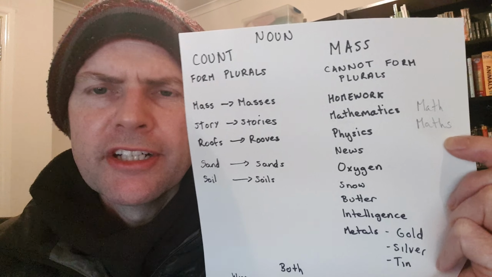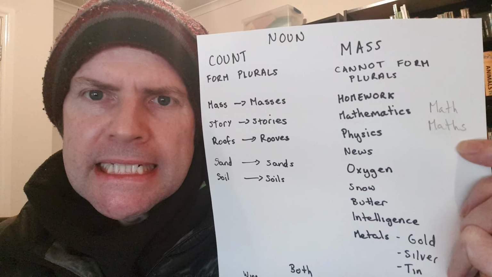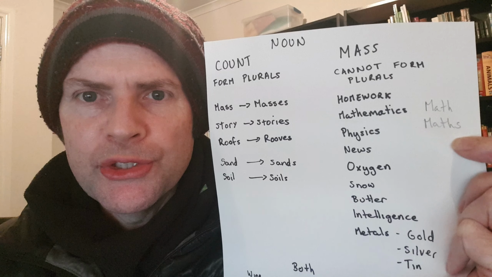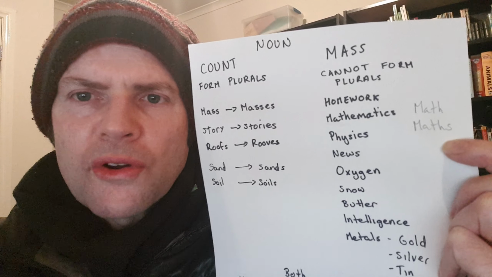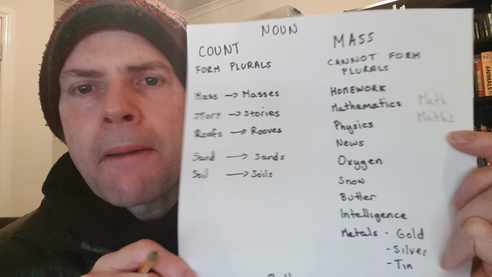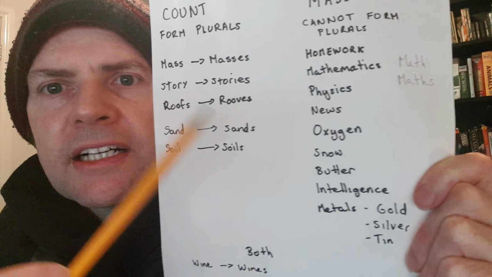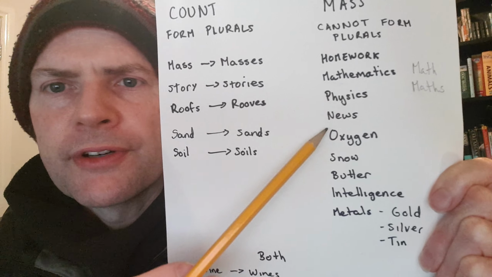I'm not too sure, in the UK they might say maths, because a lot of our derivations come from the UK. We have adopted a lot of Americanisms, but math is one we have not adopted here. Then your physics, it's the same as maths, but we don't simplify it.